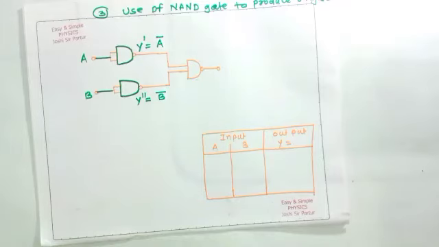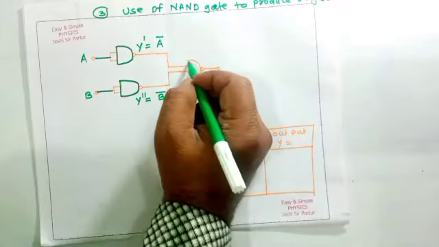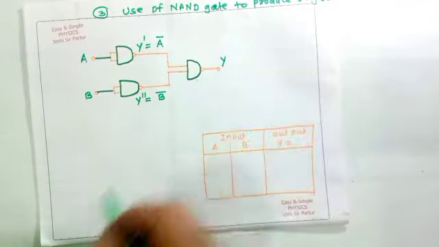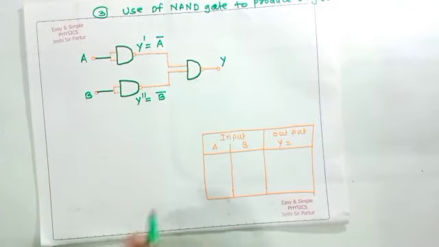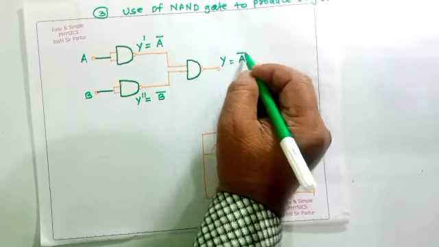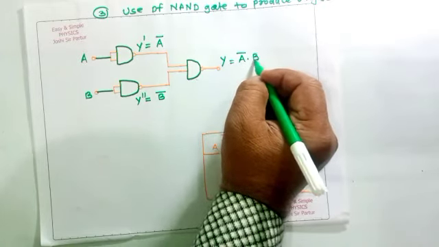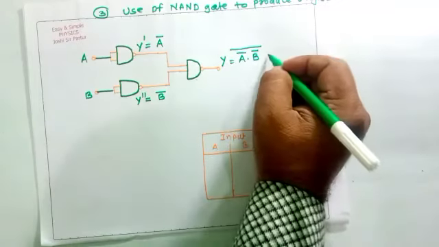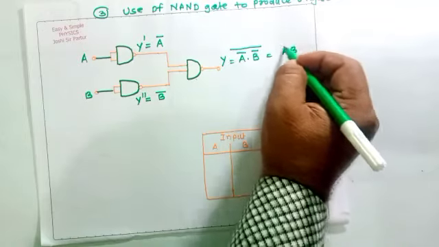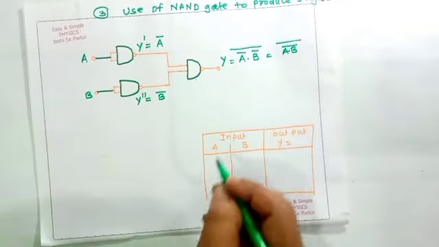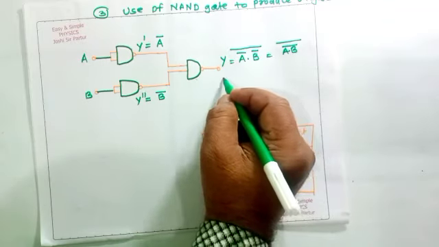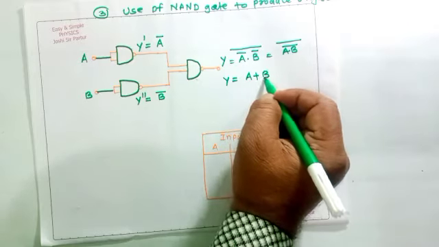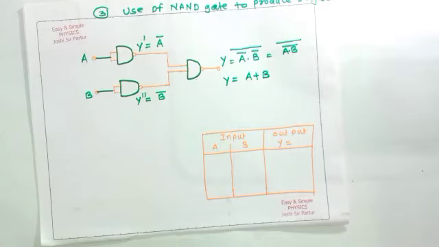Means complement of A and complement of B are the inputs of the third NAND gate, so the output will be produced as complement of (complement A and complement B), its complement. That is Y is equal to A or B. Why is Y equal to A or B?